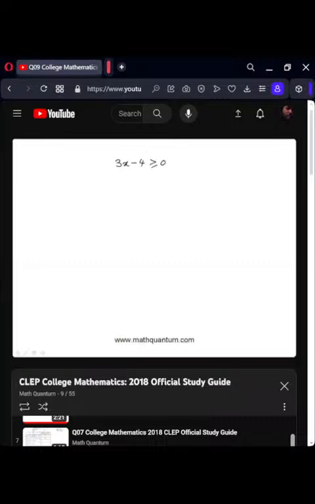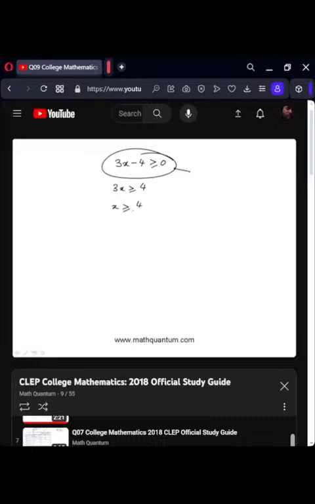So here we're given this inequality: 3x minus 4 is greater than or equal to 0. The question is, which of the following subsets of the real numbers best describes the solution set? So we'll isolate x: add 4 to both sides and divide by 3.